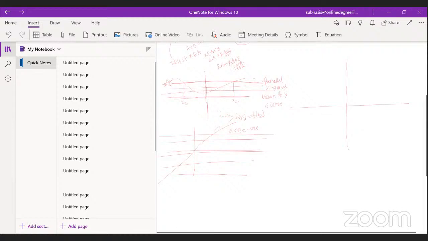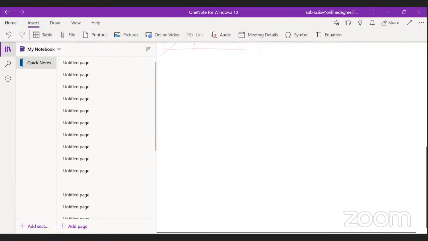Suppose I'm defining a function from R to R. Now suppose you have a graph.